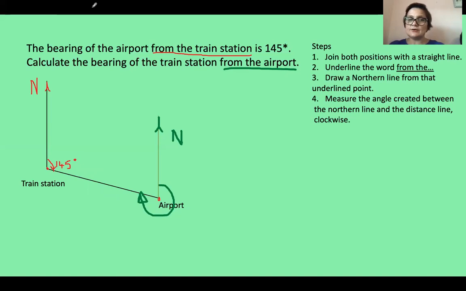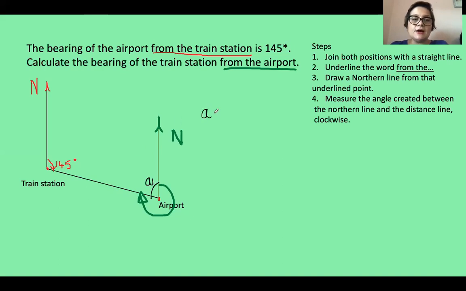Here you are. So both northern lines are parallel, which means this angle here, can you see this angle here, which I am going to label as angle a lowercase. There you go. So I'm going to write it over there.